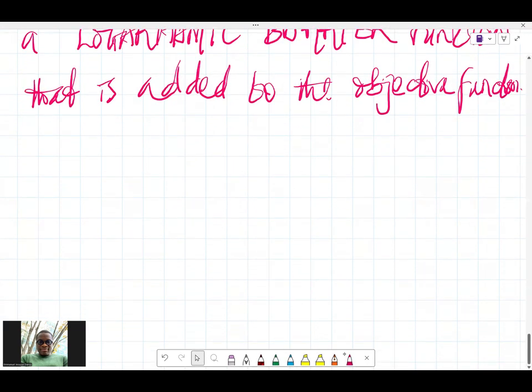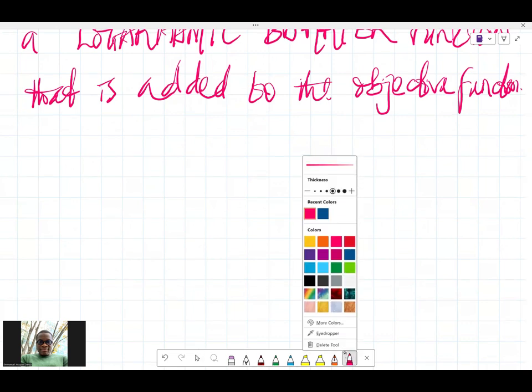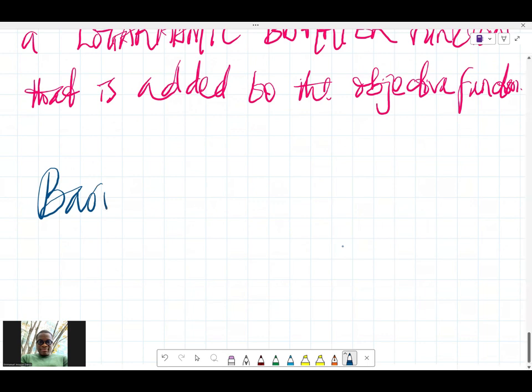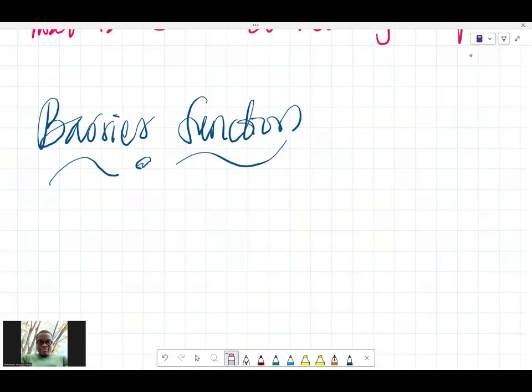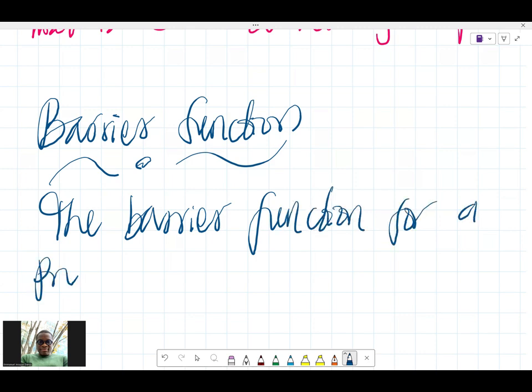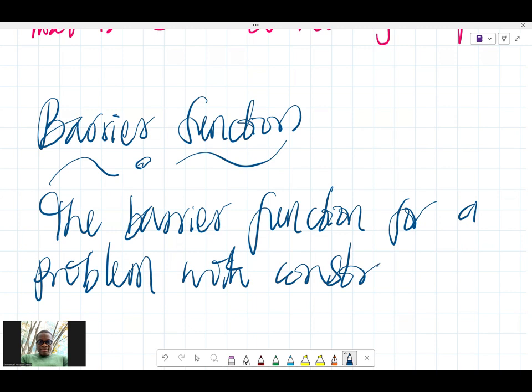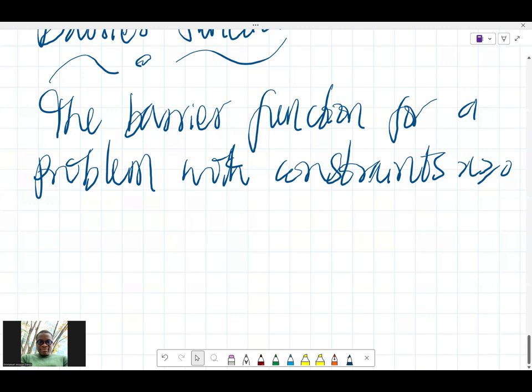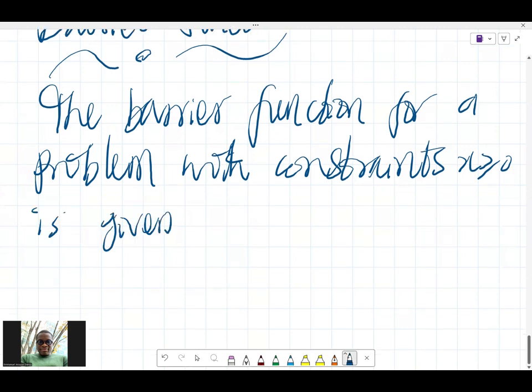Okay, so let's talk about the barrier function now. The barrier function for a problem with constraints x greater than or equal to 0 is, that constraint means that x is always non-negative.